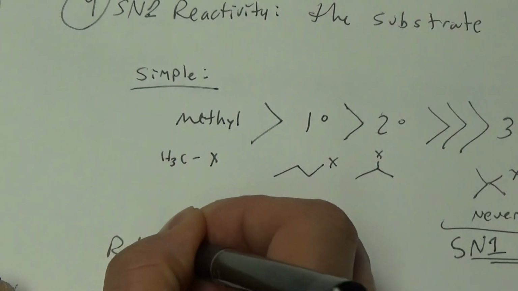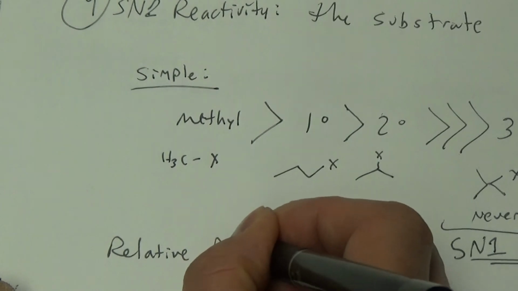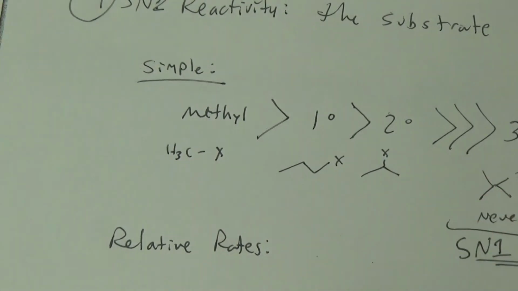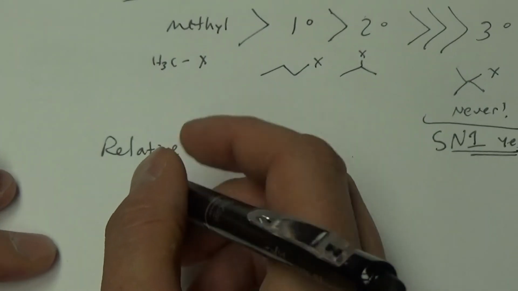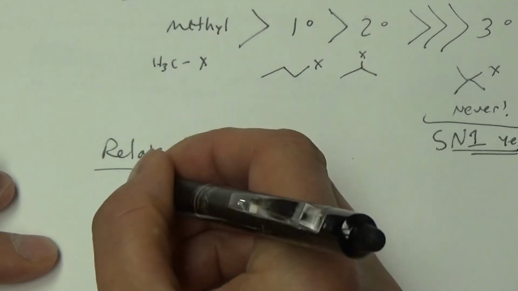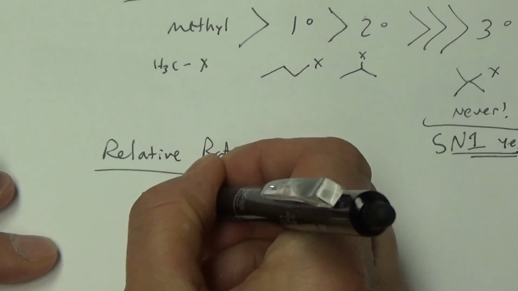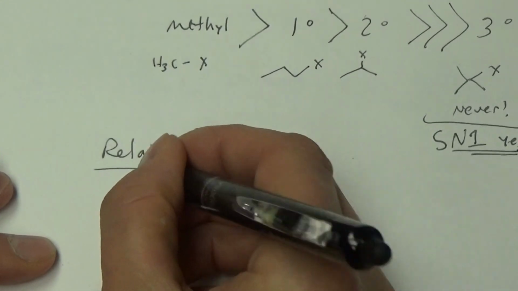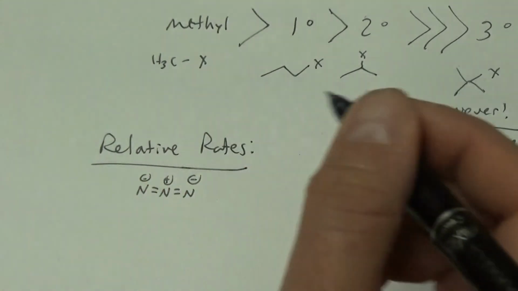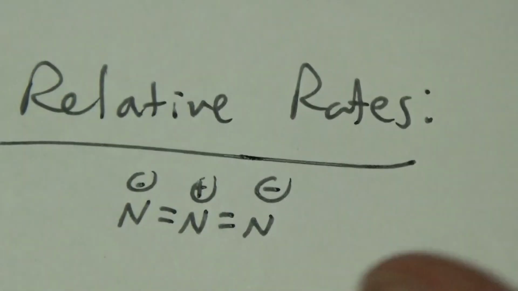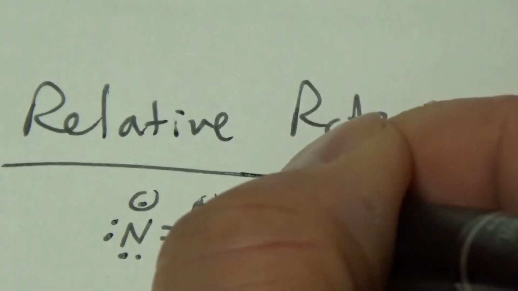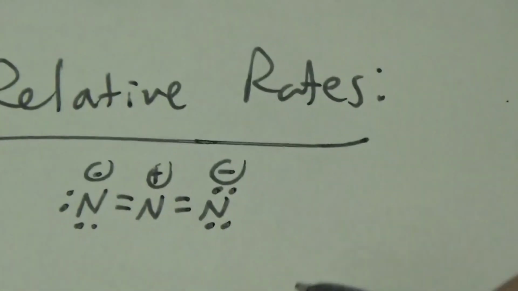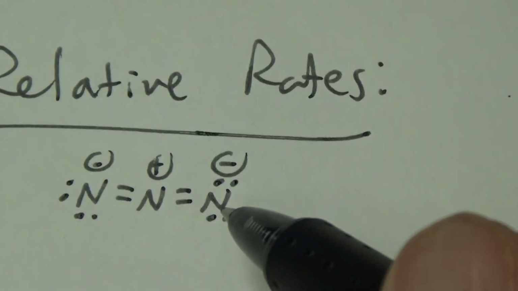Relative rates of these different substrates. So we're just going to use a simple nucleophile like azide. Negative plus negative, remember that. Azide, because we have lone pair, lone pair, lone pair, lone pair. Just fit in those lone pairs.